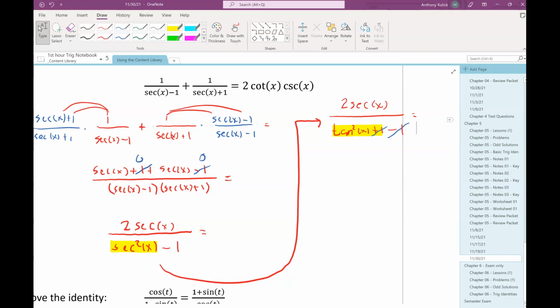Okay. So if I look at what I'm trying to get to, I have the product of 3 things, right? I have 2 times a cotangent x times a cosecant x. So what I'm going to want to do is I'm going to want to try to rewrite this as the product of 3 things.